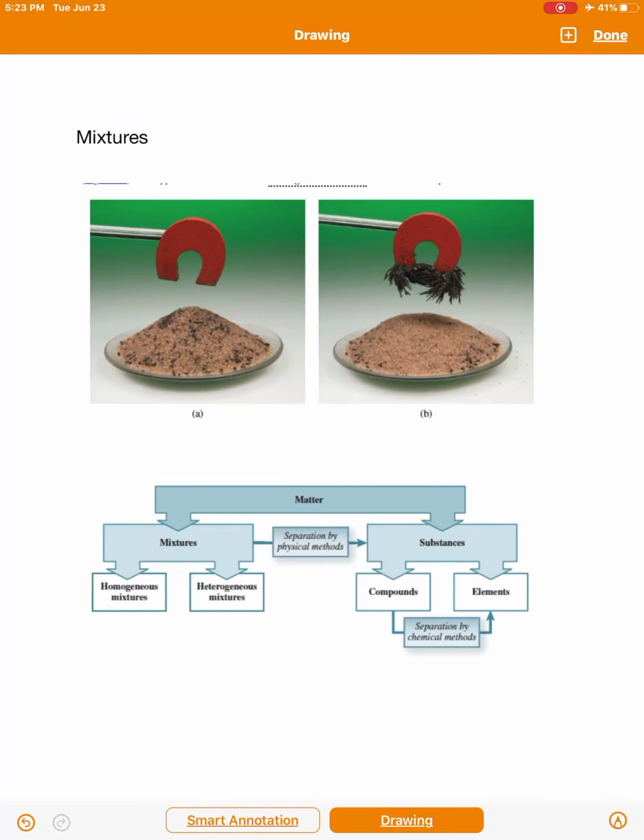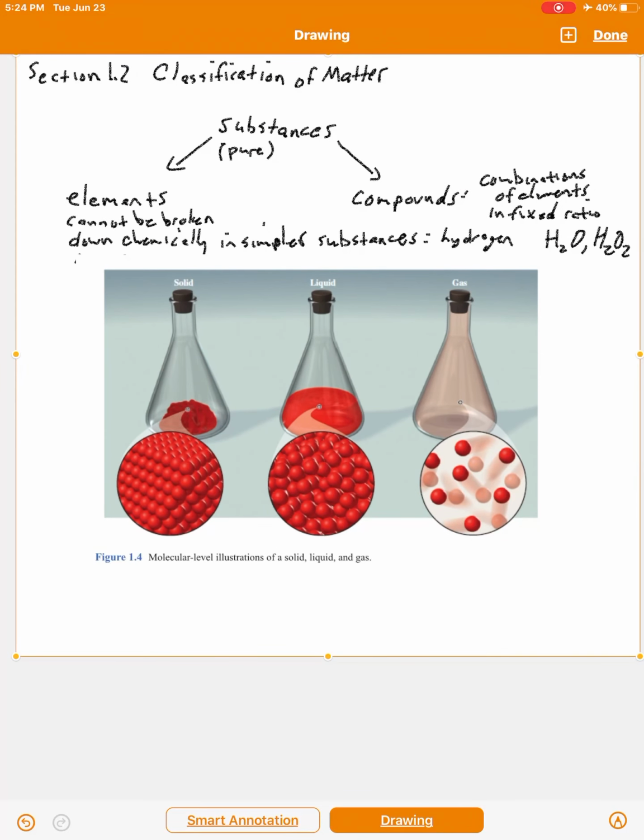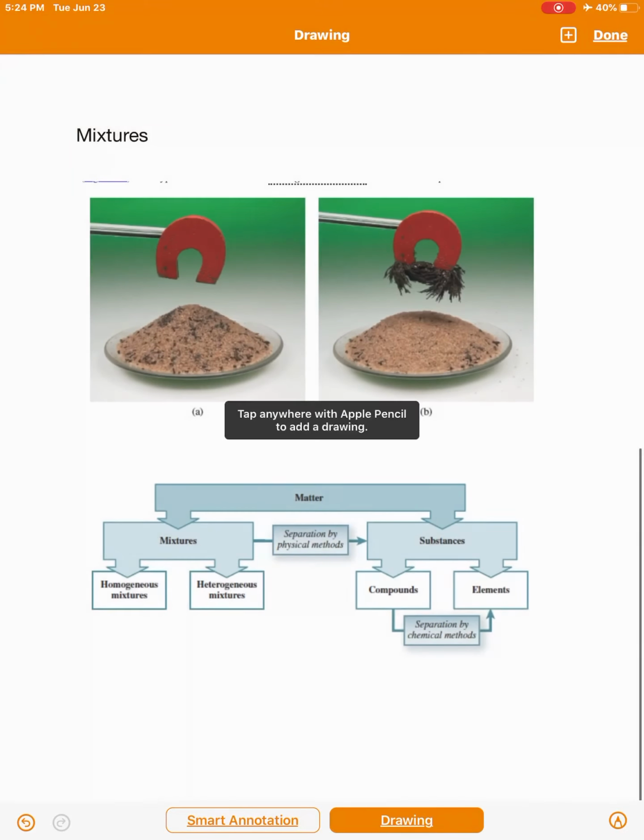Compounds cannot be simplified by using physical means. So for example, if we take hydrogen peroxide or water, you can't separate the hydrogen and the oxygen via physical means. You have to use a chemical means. So compounds can be broken down into their elements, but only through chemical means. Mixtures can be broken down into their components using physical means.